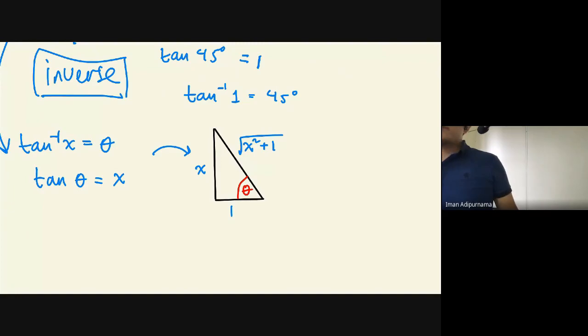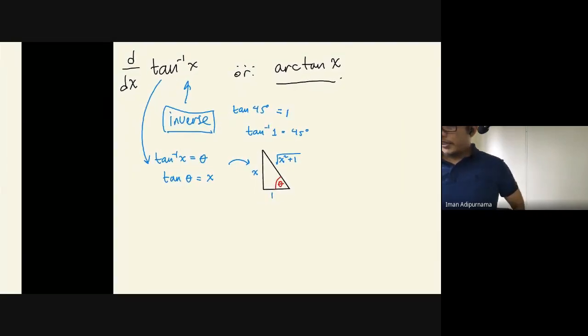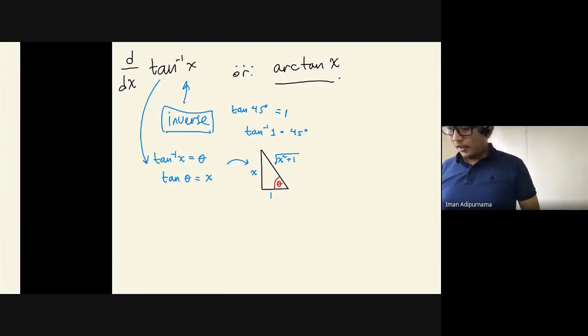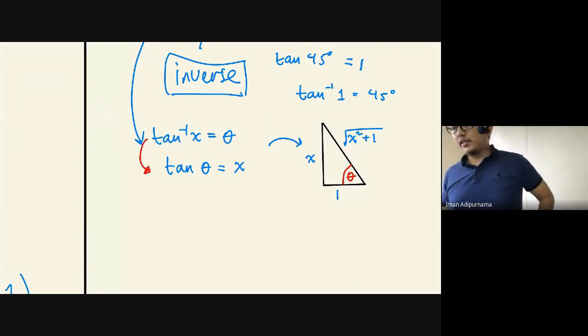But sometimes, if you forget, then draw this triangle and you can solve many inverse trigonometric problems. So what is the derivative of tangent inverse? I already changed this form into tangent theta is x.